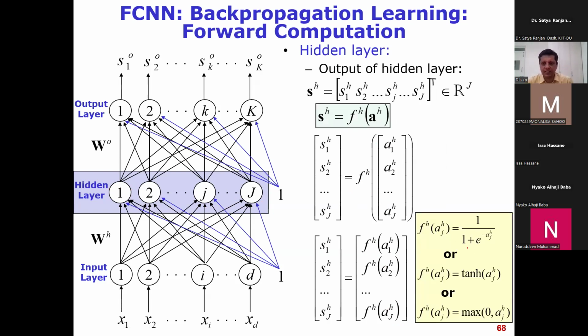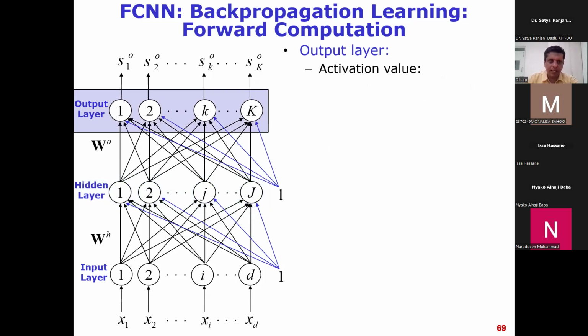The activation function is either the logistic activation function, the tan sigmoidal activation function, or it may be a ReLU, rectified linear activation. That is what we do from the input to the hidden layer.